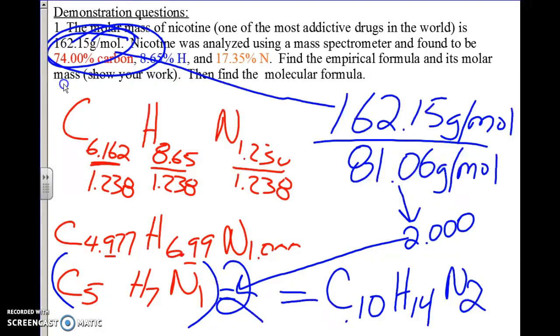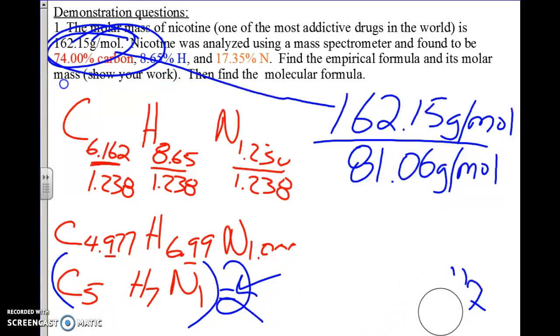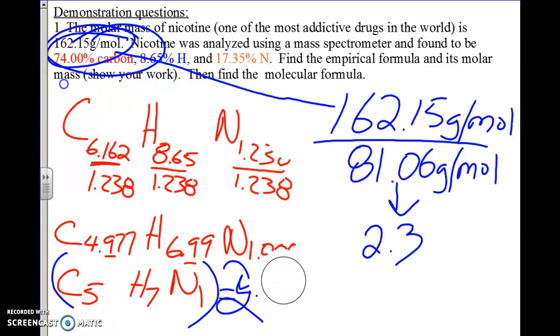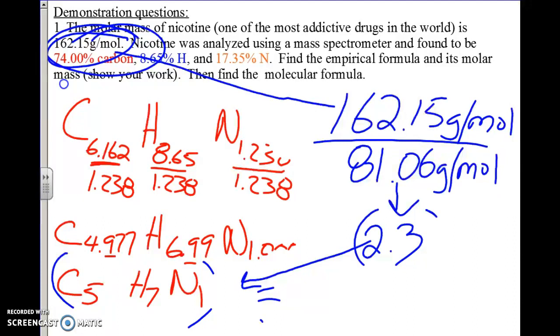A little word to the wise, the next 3 problems don't work out as nicely. For instance, let's say we did this math and the number ended up as a 2.3. If we multiply 2.3 right here, we end up getting some really goofy numbers. So what we might have to do is say, okay, we can't multiply it by 2.3.